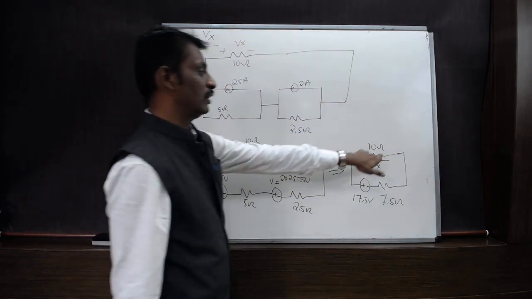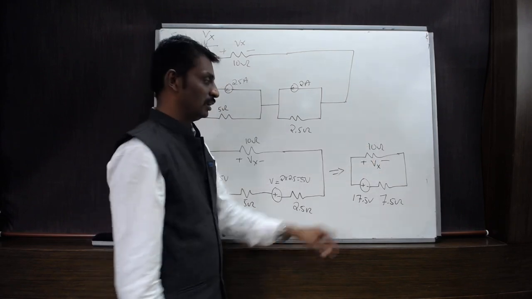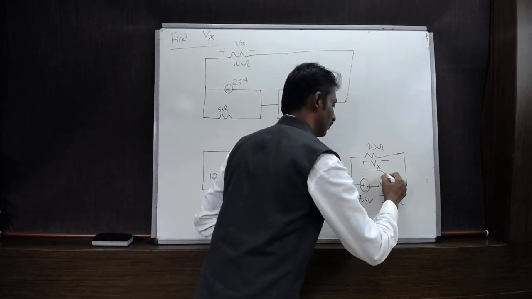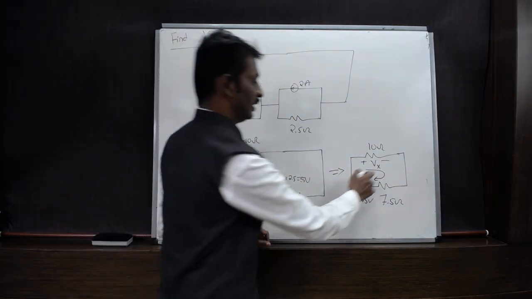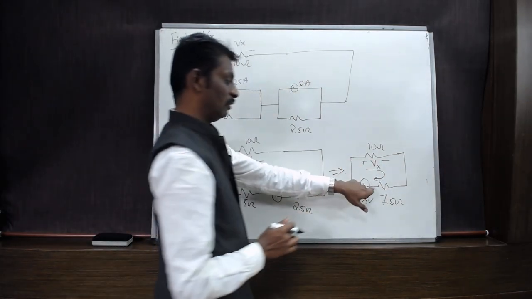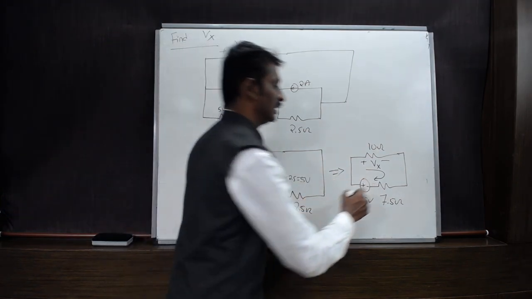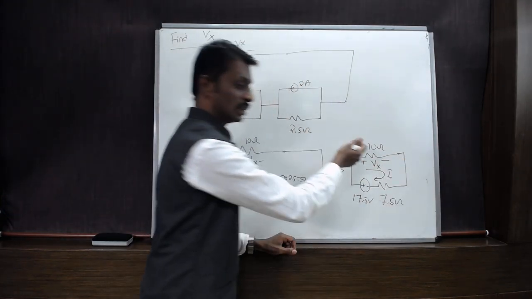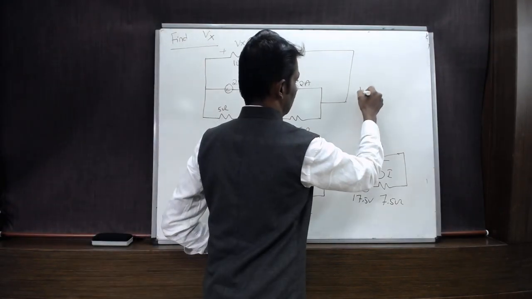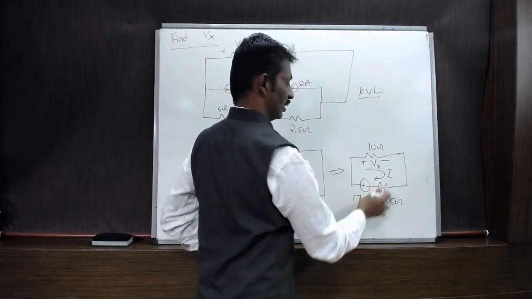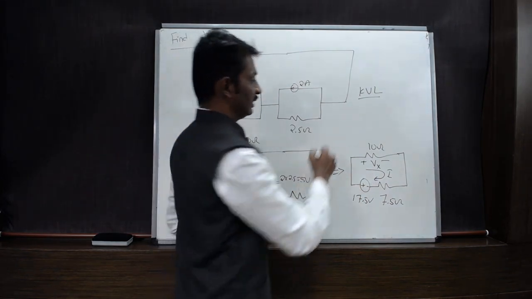Now, in order to find the voltage across 10 ohm, let us apply the KVL, taking the direction of current in the positive path. So start from the voltage source. The current I is flowing in the circuit. Current entering negative, leaving positive, it is raising the voltage.